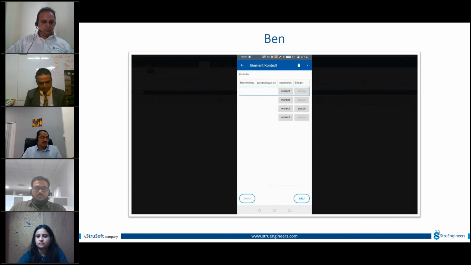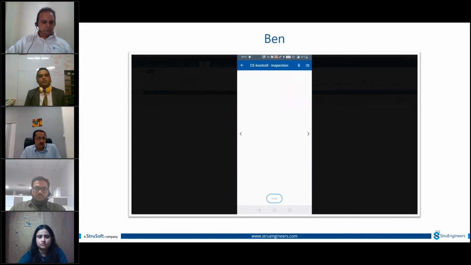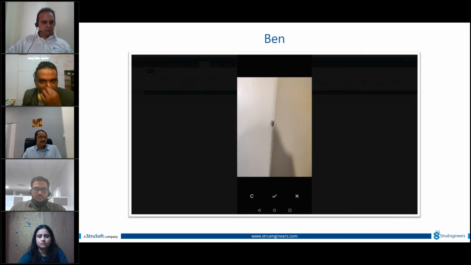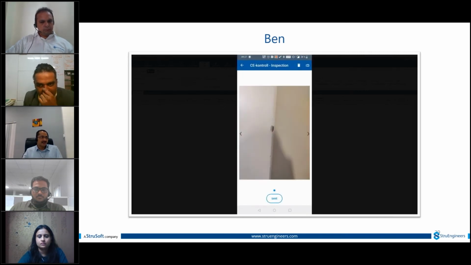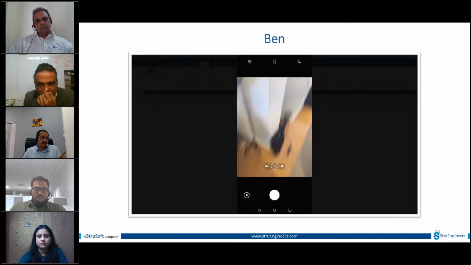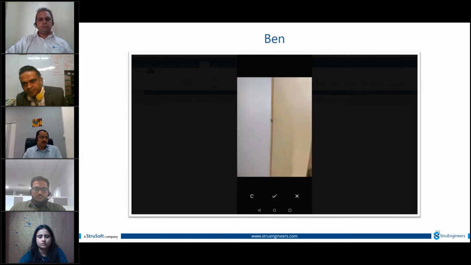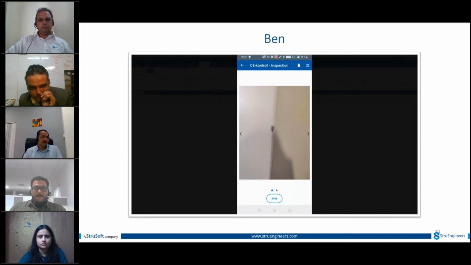Now he's doing the quality control of those elements. Now he found some issue on a particular corner of an element. He took a picture from his mobile, and he logged that picture into the system. And now he's reporting that with some text and some explanation around that.